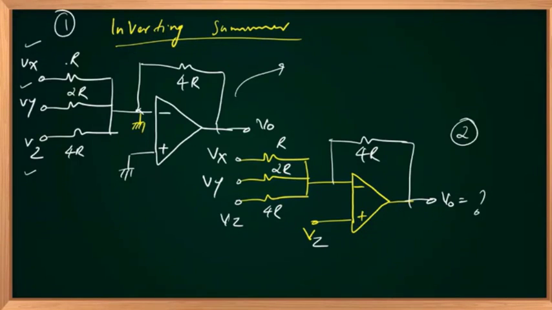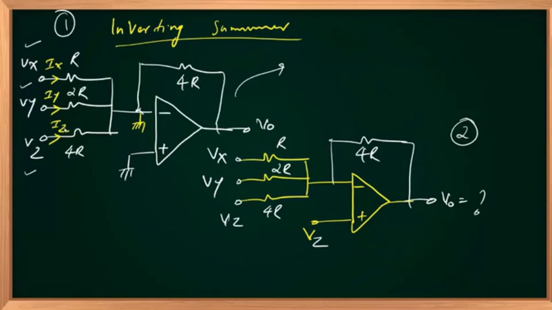I have three currents. I will mark them as Ix, Iy, Iz. Three voltages, and I have named it an inverting summer. Let us see whether it will function as an inverting summer or not. Vx, Vy, Vz. I have three currents, Ix, Iy, and Iz.